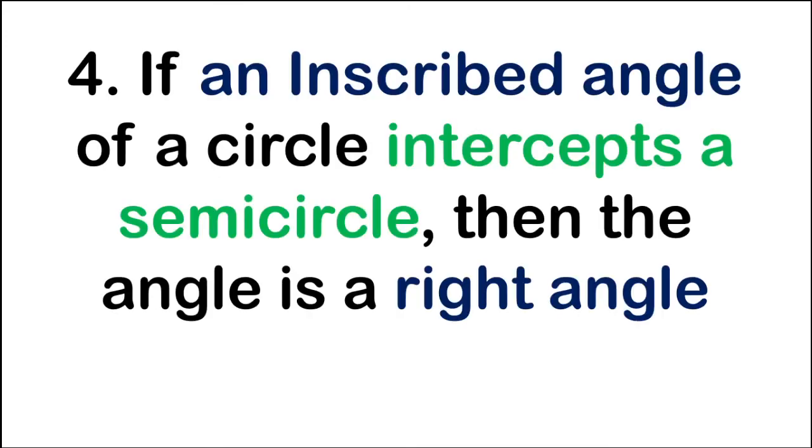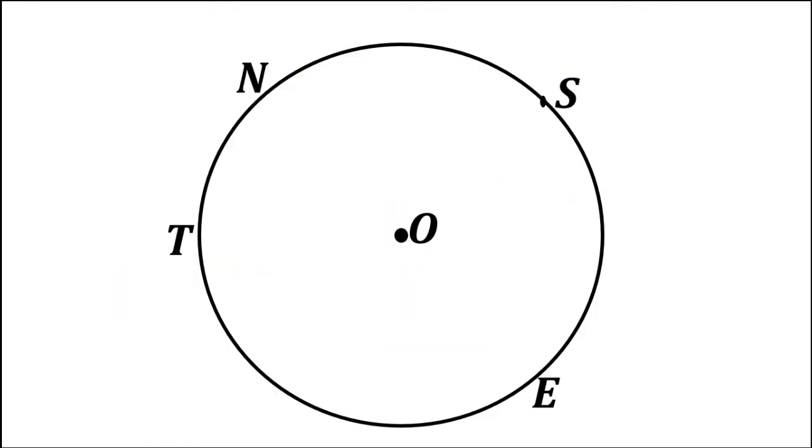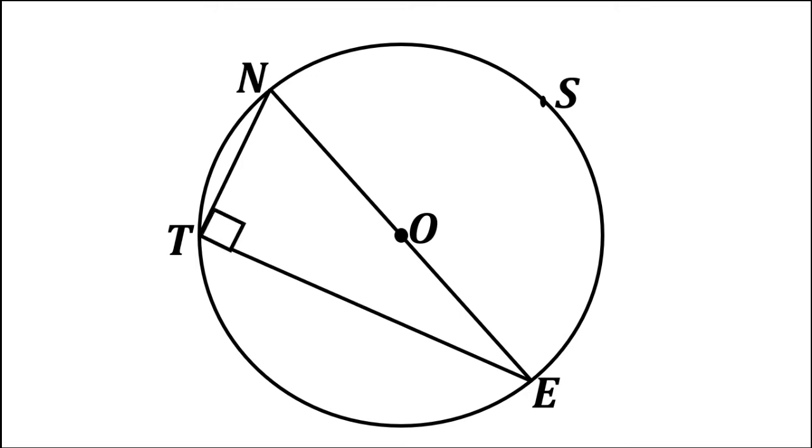Number 4, if an inscribed angle of a circle intercepts a semicircle, then the angle is a right angle. Okay? Say, for instance, meron tayong diameter na LE. Diameter siya kasi dumaan siya kay center O. Next, pag meron pang isang chord dyan, na kung saan yung isang side niya ay diameter ng circle, automatic, yung triangle na na-form ay right angle.